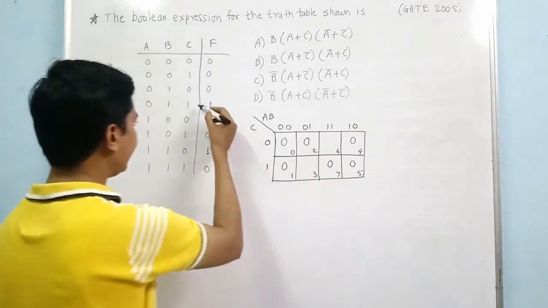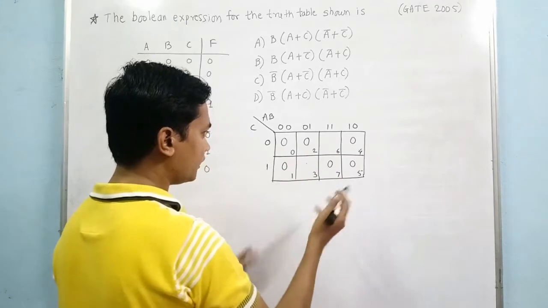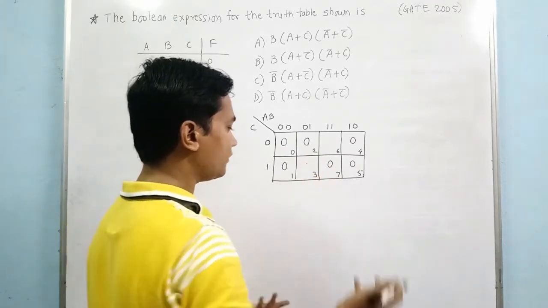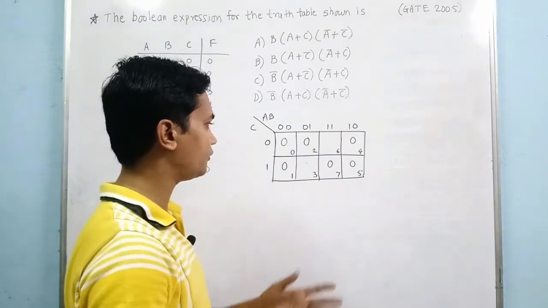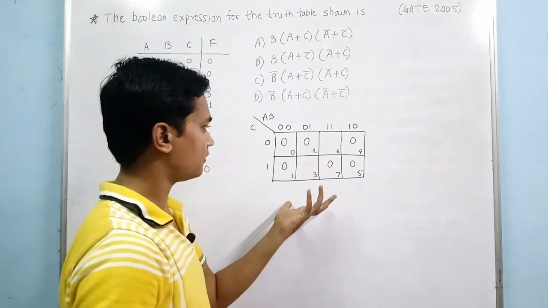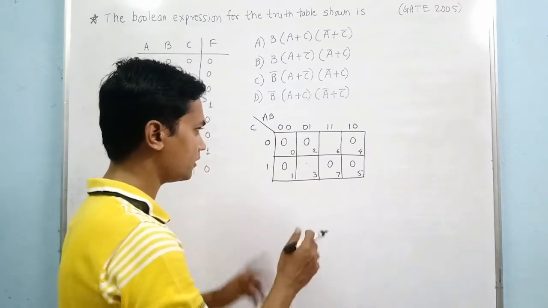And for 3 and 6 the output is 1. So you need not write the ones here. If you write then no problem, but it will simply create confusion. So I recommend you don't write the ones, because we don't have any relation with the ones. We have to just focus on zeros.